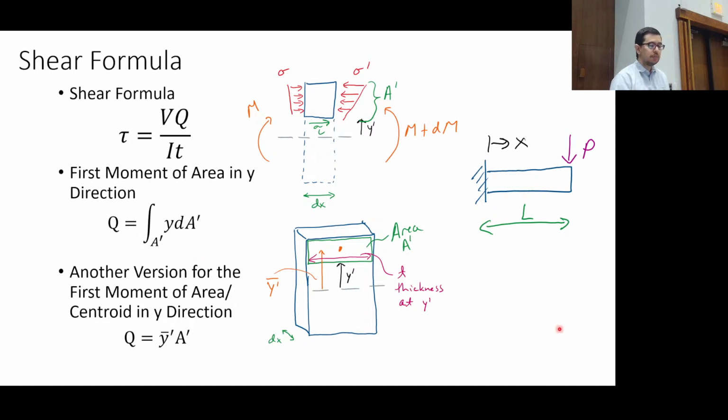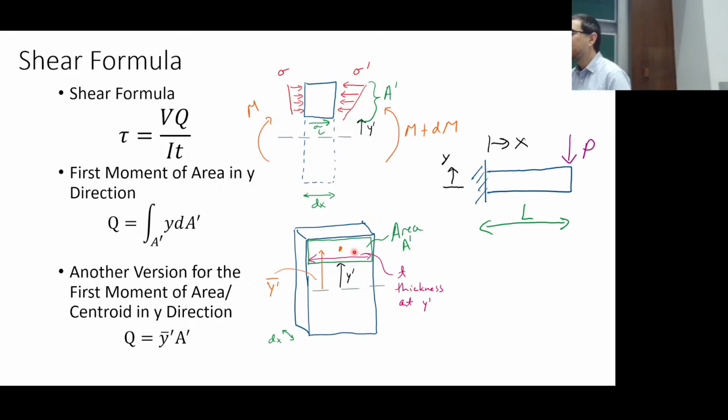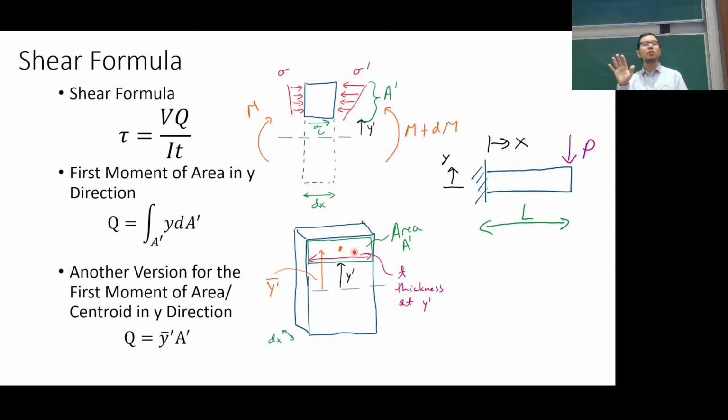Okay, so let's talk about this version of Q. When we have area A prime, it has a centroid. Any 2D shape, or actually any 3D shape, I can calculate a centroid for.